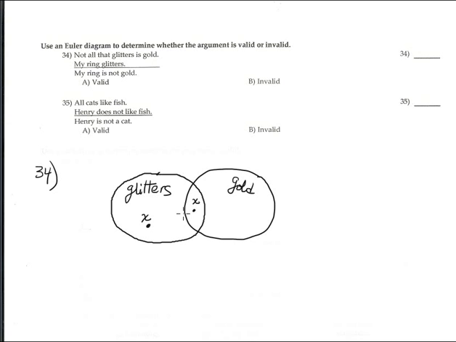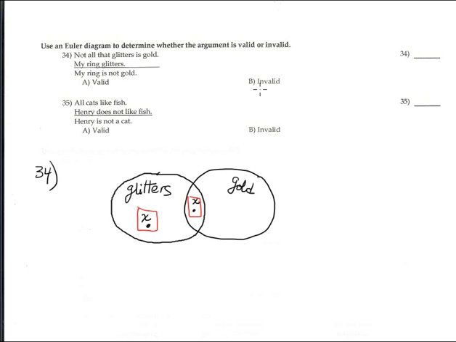And the conclusion is my ring is not gold. For example, the first supposition is okay because it is outside the gold, but the second, no. So if at least one fails, the argument is invalid.